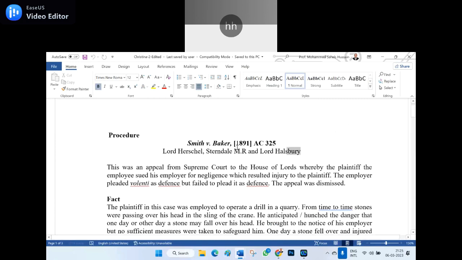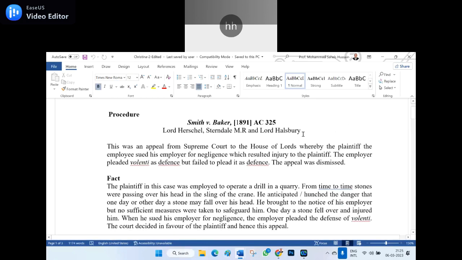Here, these are the names. And later on, the pre-trial, what happened, or the head note, or the gist of the case law. At that instance, you have to write whether it is an appeal case or an original jurisdiction case. For instance, you take Smith versus Baker.